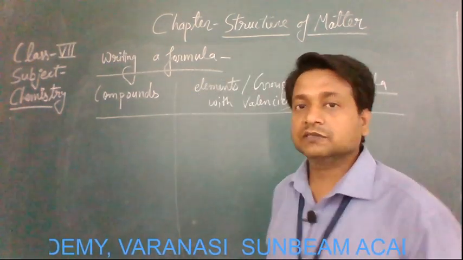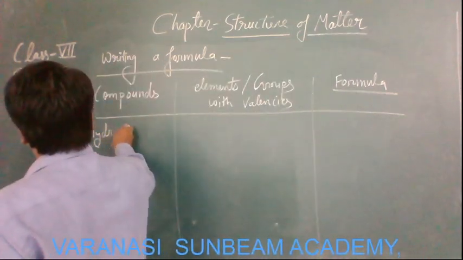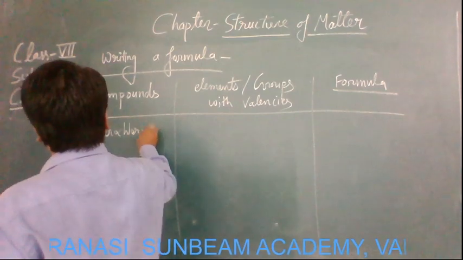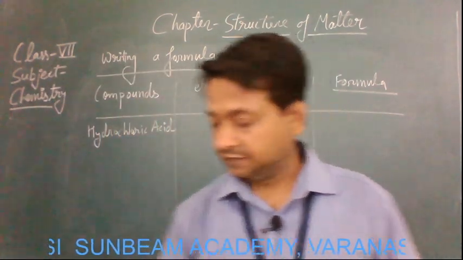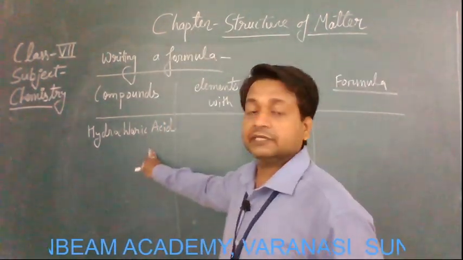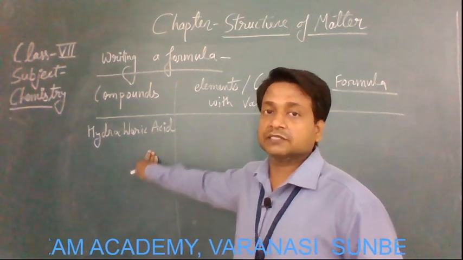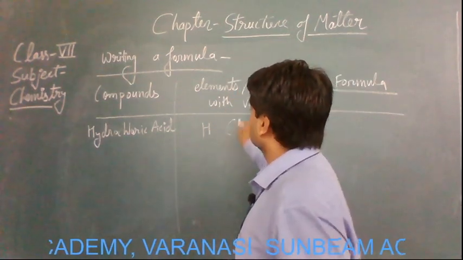Okay, so the first compound is hydrochloric acid. Children, this hydrochloric acid is having two elements, that is hydrogen and chlorine.